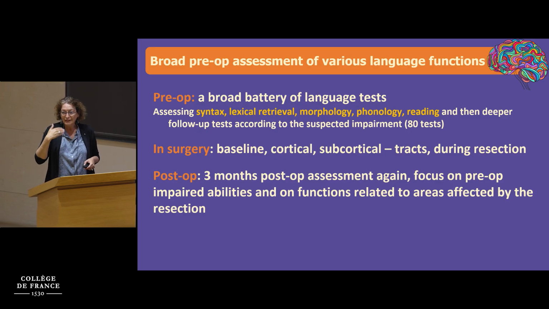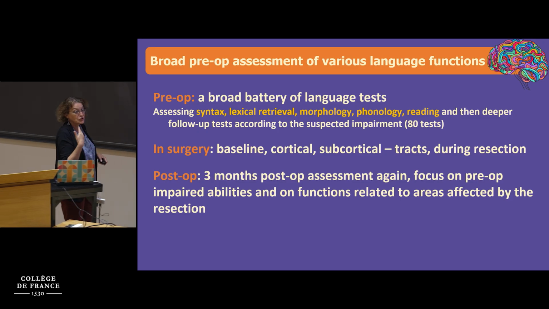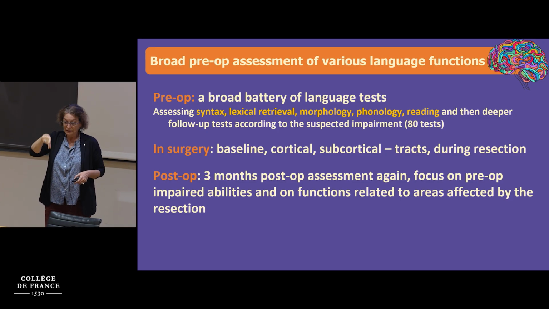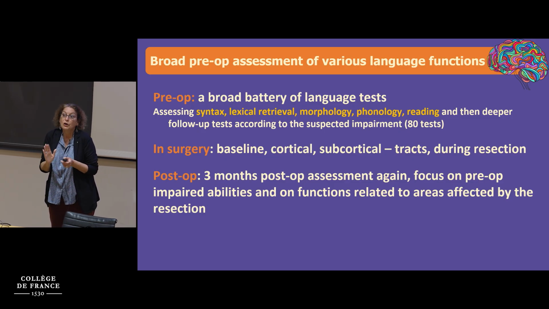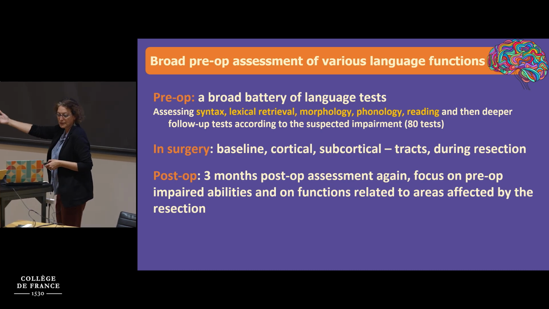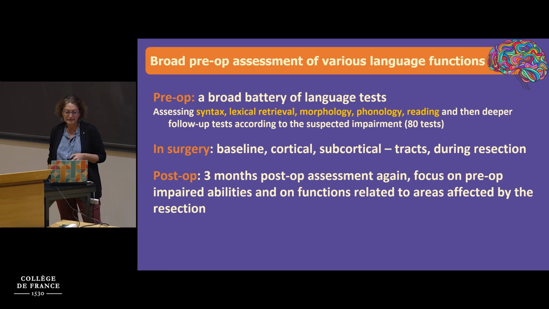First of all, we are talking, so we get spontaneous speech from the patient. And then we do stimulations again, close to the white matter tracts, just to make sure that we don't touch any of the very important cables that connect the language areas. And then, as I told you, 3 months later, we also test the patient.